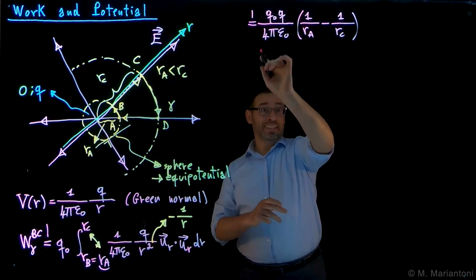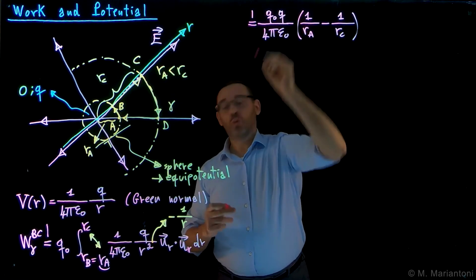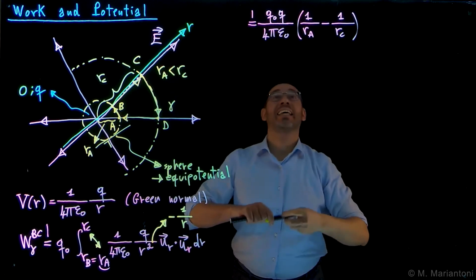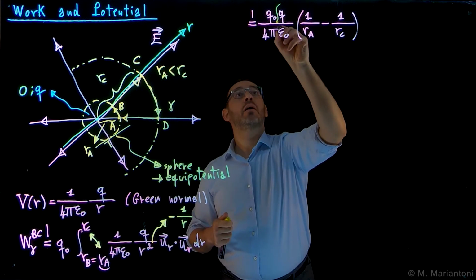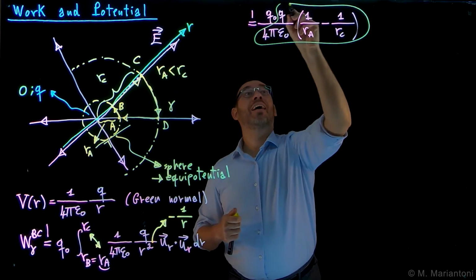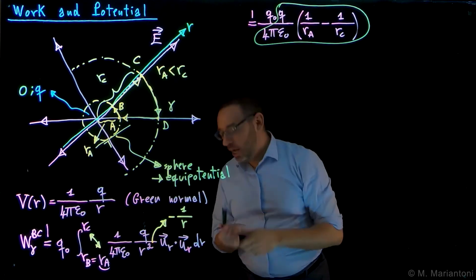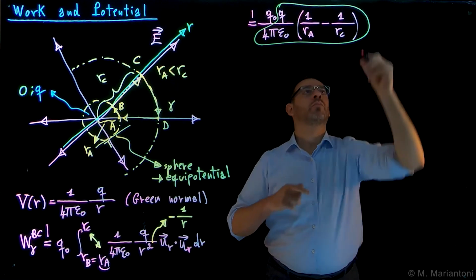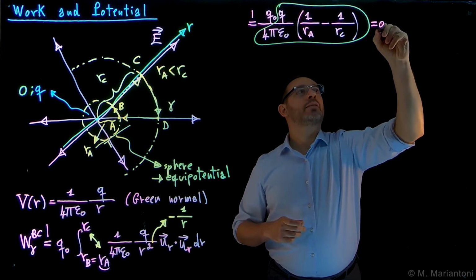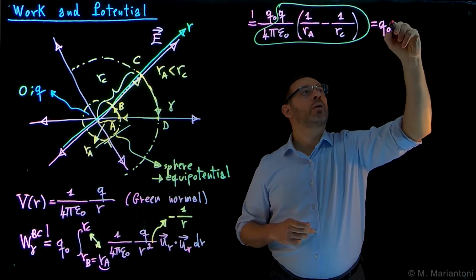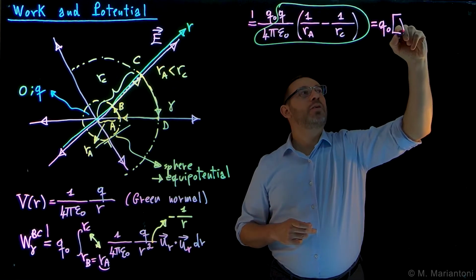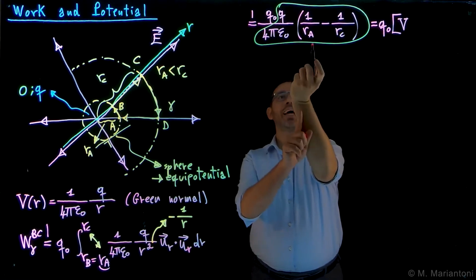All right, this quantity which I'm about to highlight in yellow here, multiplied times Q naught, this is nothing but Q naught times the electrostatic potential V at point RA.